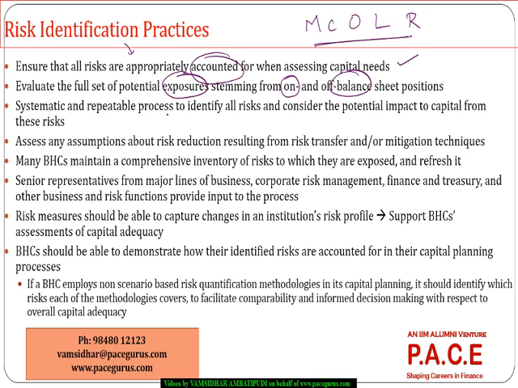So because of each of these risks, what is the total potential exposure amount that is at risk?